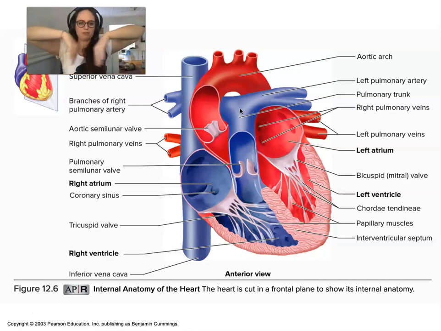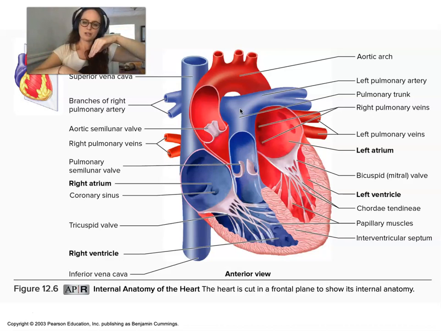So the direction of the valve determines that the blood can only go through one direction. So when it's faced this way, the blood can only go this way. When it's facing this way, the blood can only go this way.